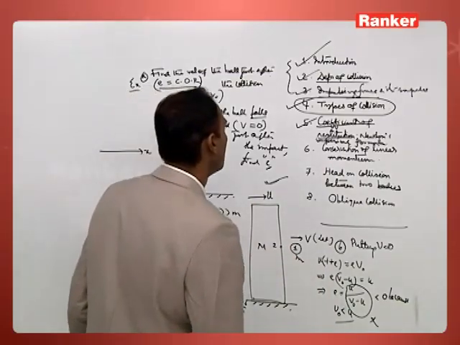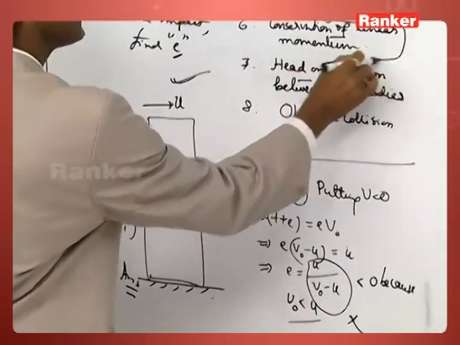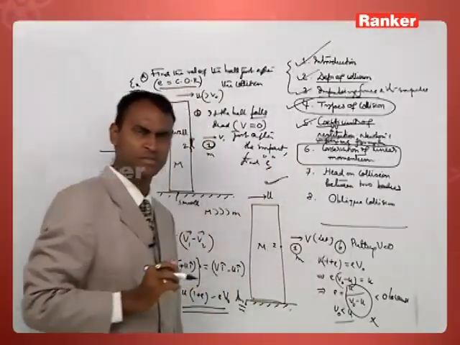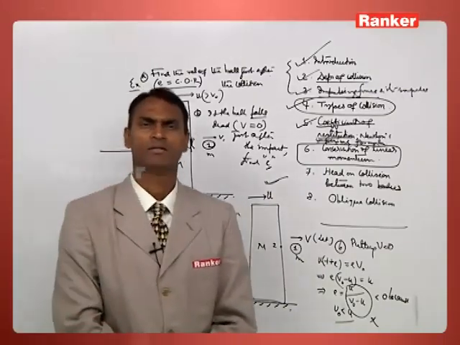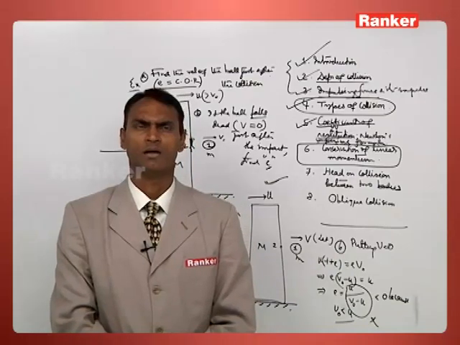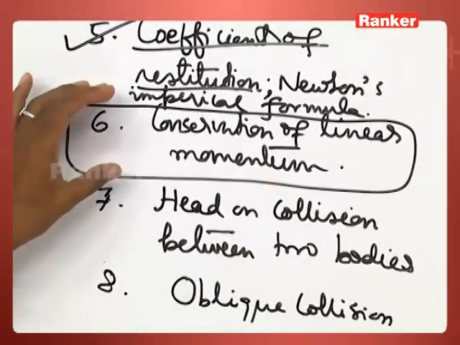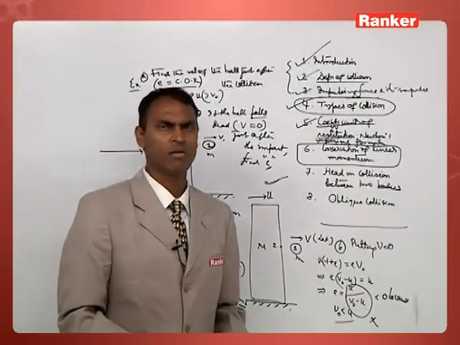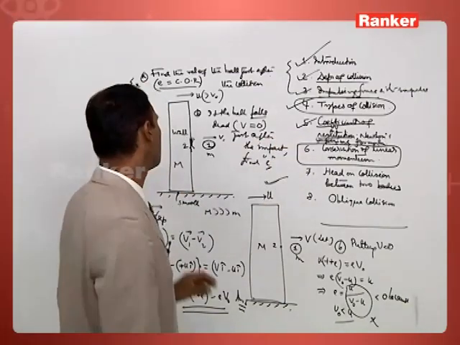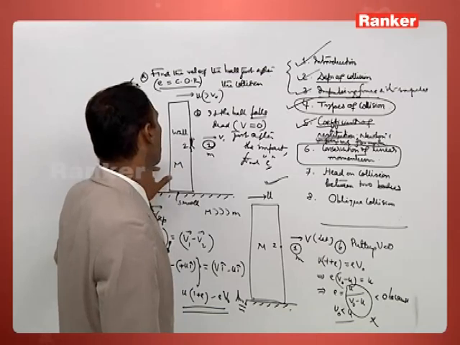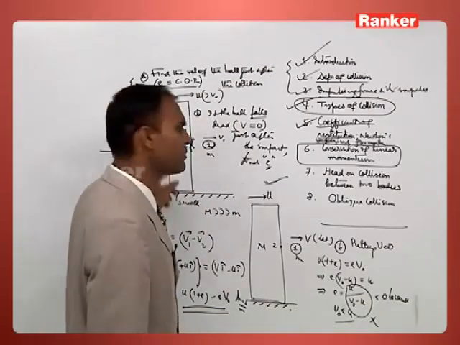Now we will discuss the next important concept, the conservation of linear momentum. In the last chapter on the system of particles, we discussed this idea. Here I will recast this idea in very short form, because the collision between these two objects is a clear-cut case of a system of particles.